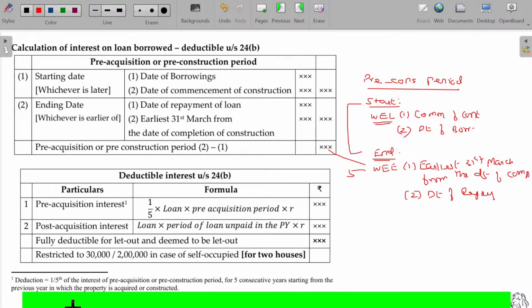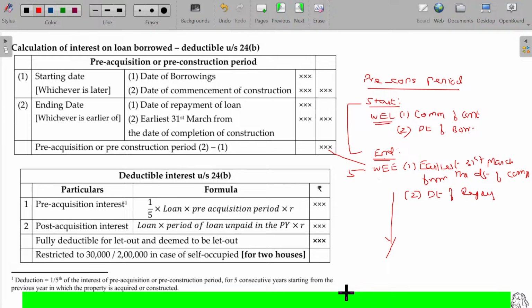Is that clear? Even after the end of this date, if the loan remains unpaid, that will be post-construction period. There is no confusion for the post-construction period. If the loan remains unpaid after this end date, that will be called post-construction period interest. If the repayment happened before the end, of course, there is no post-construction period. So from the end date until repayment, year on year, you can claim the deductions as post-construction period interest until the entire loan is repaid.